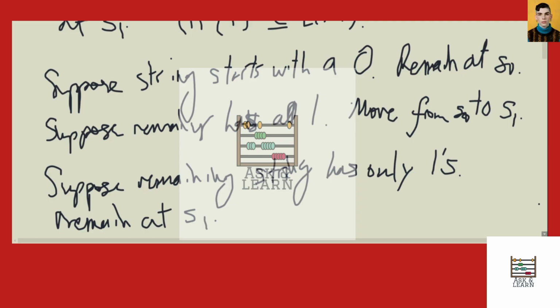Otherwise, if there is a 0 in the remainder of the string, then we're going to move from state S1 to S2, and then we'll be stuck at state S2. So it follows that all strings consisting of only 1s and at least one 1 are going to be in the recognized language.